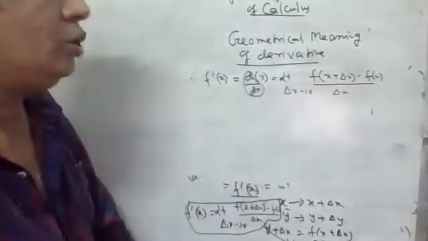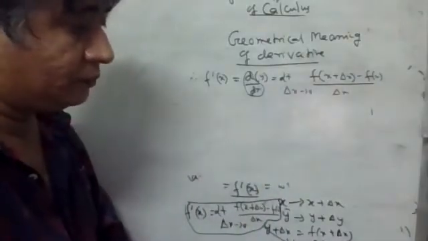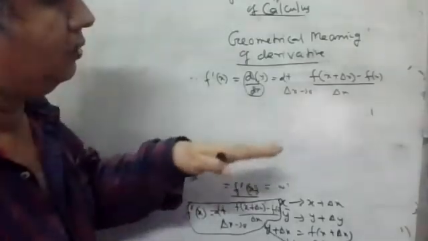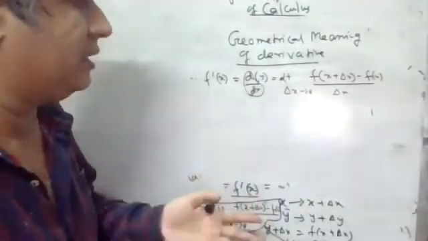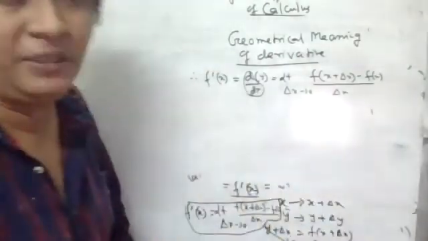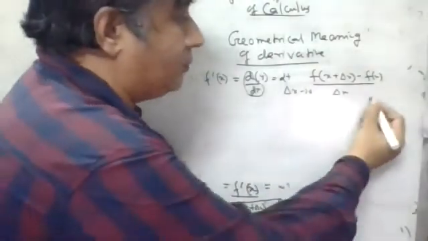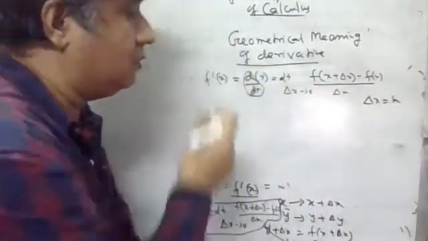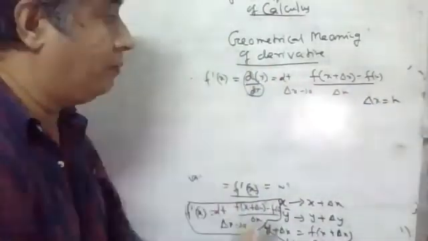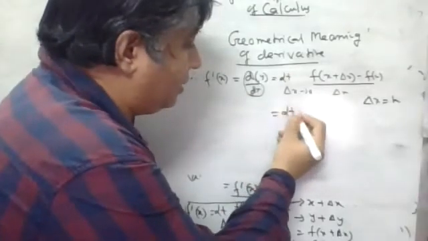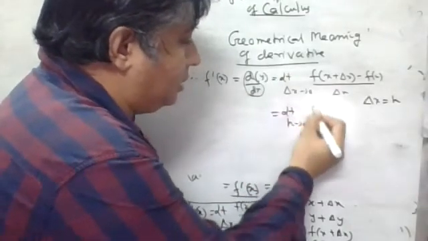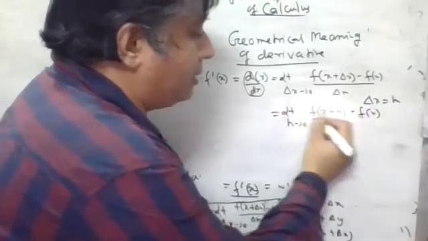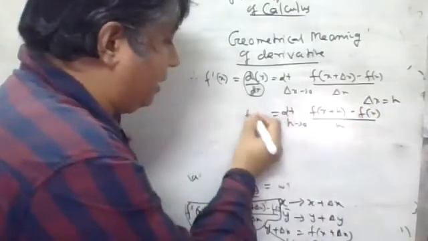Now for a compact, simple representation, I am letting delta x equal to h. Now put here limit h tends to 0, f of x plus h minus fx by h, that is f dash x.